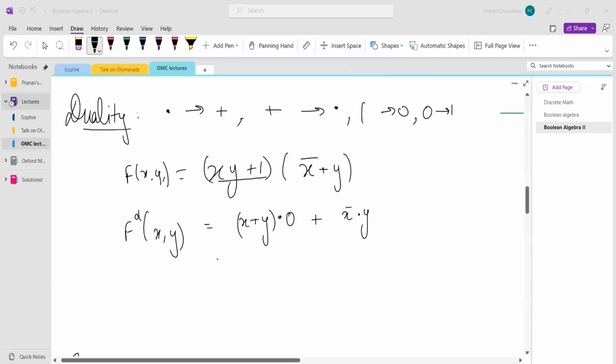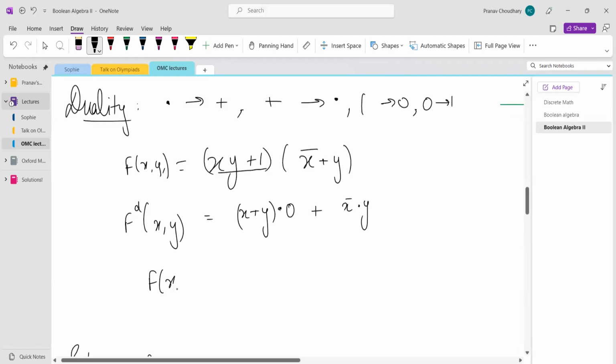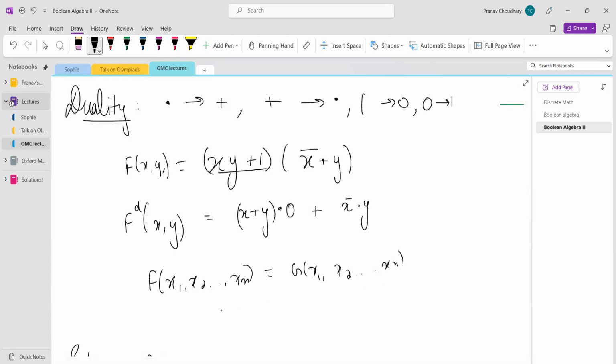Cool. So the point of this is if f(x1, x2, so on till xn) equals g(x1, x2, so on till xn), then the dual of the function f is the same as the dual of function g.